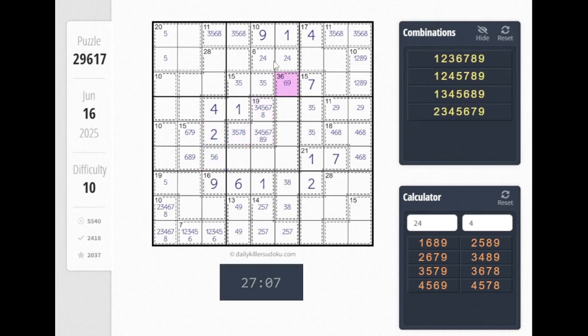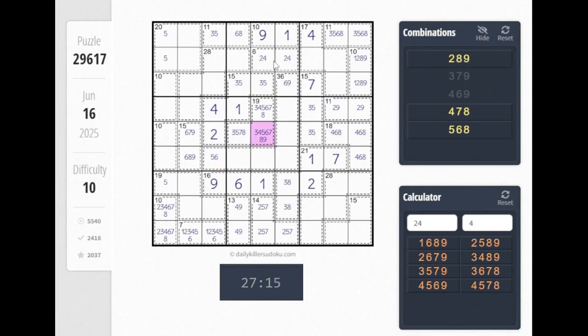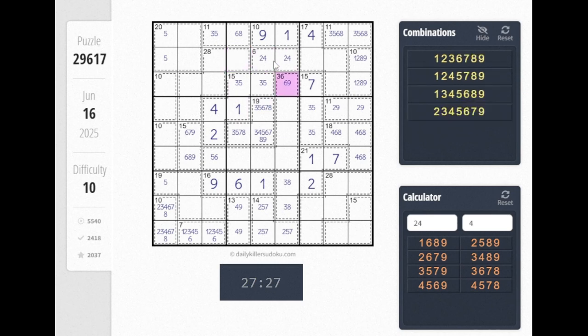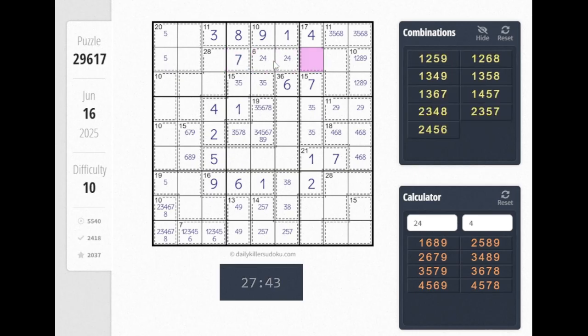Okay. This actually is leading me somewhere. Two, three, four, five. I feel like we've gotten somewhere now.